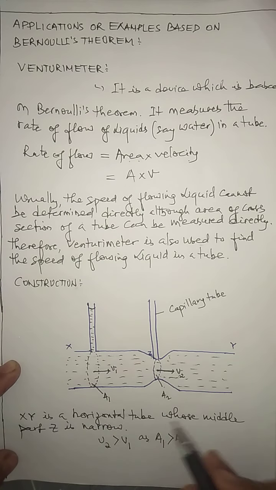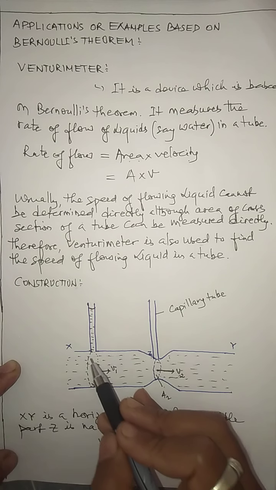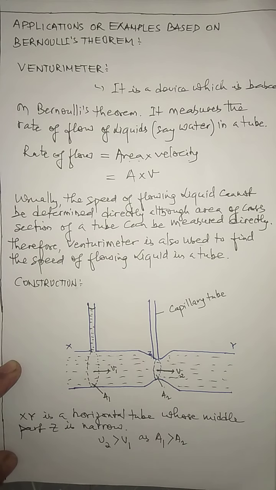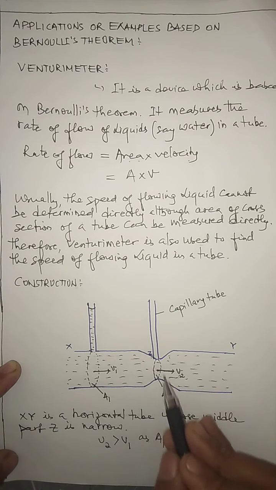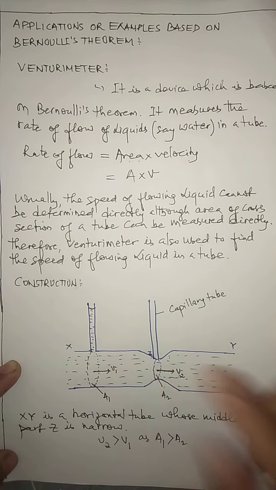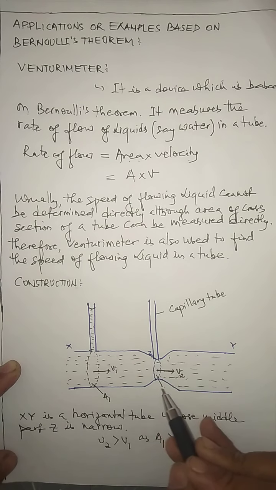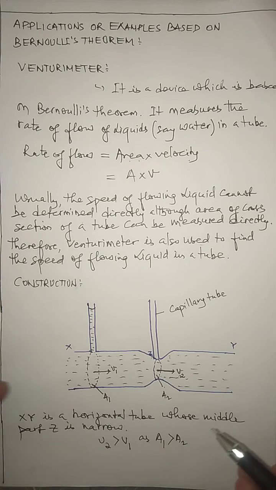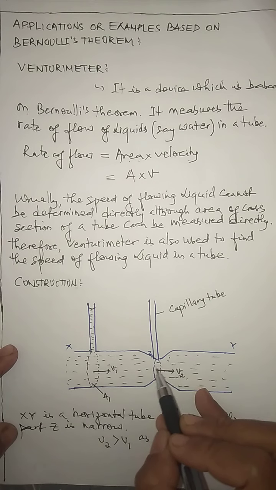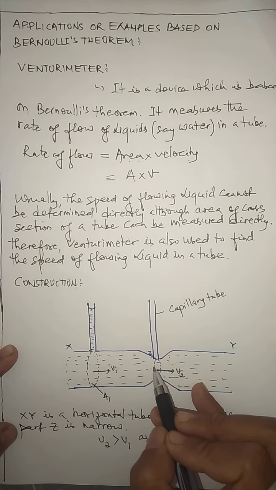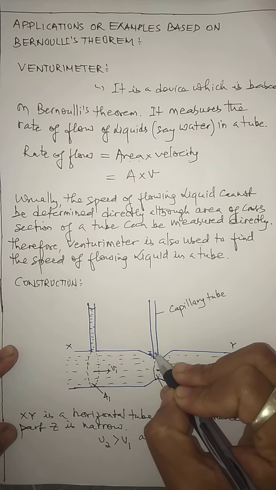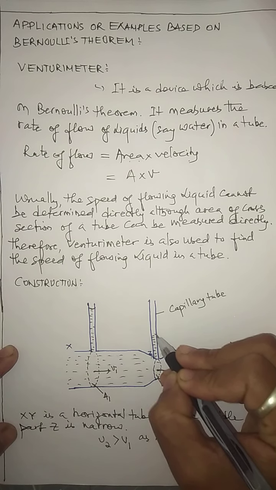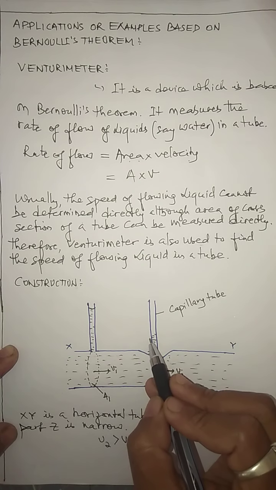And I'll tell you why the pressure exerted is more at this end as compared to this end, and there is a relation that we derive. Similarly, the liquid is also flowing at this end, where the area in which the liquid flows is small. While flowing through this tube, the liquid also exerts pressure, so the liquid will rise in this tube also, but it rises to a little height.